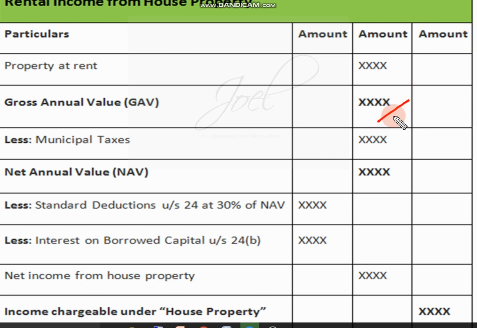That is what I showed you in the previous slide, and what we have studied in the previous class. Then municipal taxes: I told you there is one deduction, that is municipal tax. When you deduct municipal tax, you arrive at annual value. From annual value, two deductions are there. Those deductions come under section 24, you should remember.